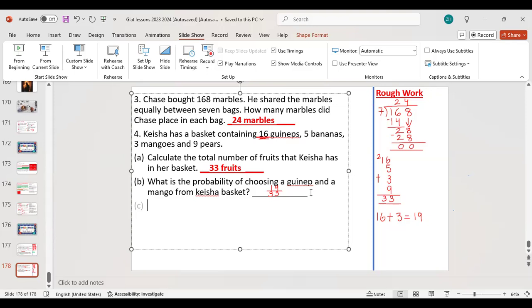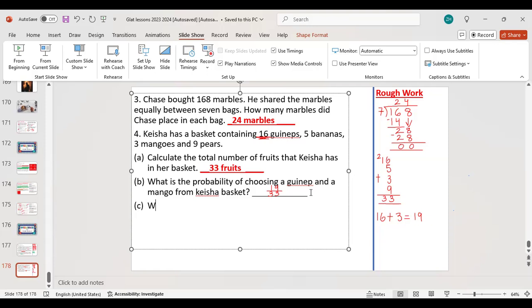That's when we say probability, it means that there's no possible way of knowing the outcome before it happened. All right, you understand me? Yes, sir. All right, so let's move on to the next one.